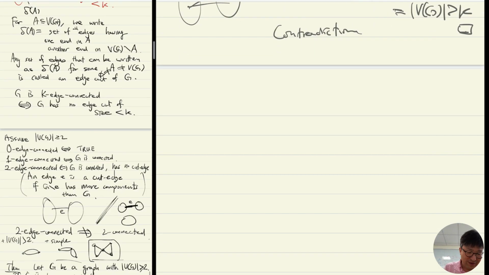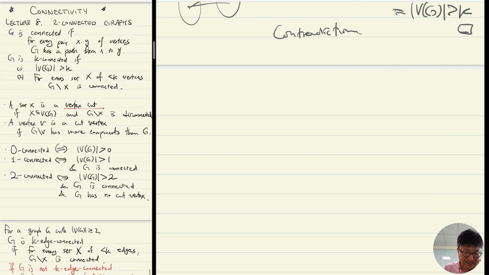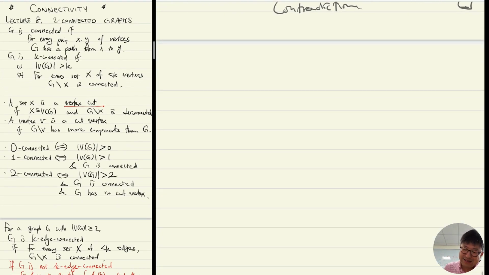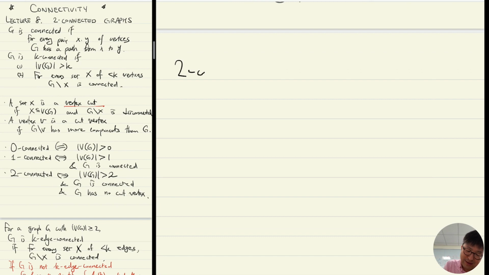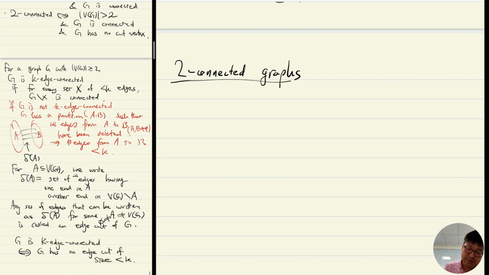All right. So far I didn't talk about the two connected graphs. Now let's talk about two connected graphs. There's a nice equivalence relation arising from two connectedness.